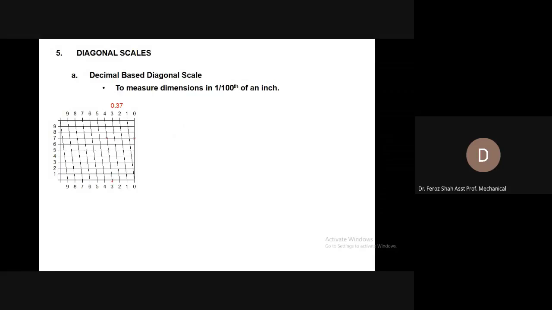So this is 0.3, this is 0.31, 0.32, 0.33, 0.34, 0.35, 0.36, and 0.37. So you come along this line up to 0.3, and where the seventh division intersects this line of 3 joining the 4 will be 0.37.